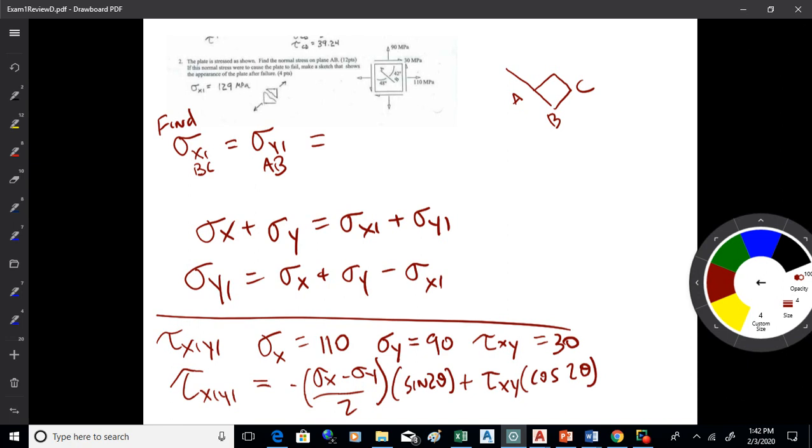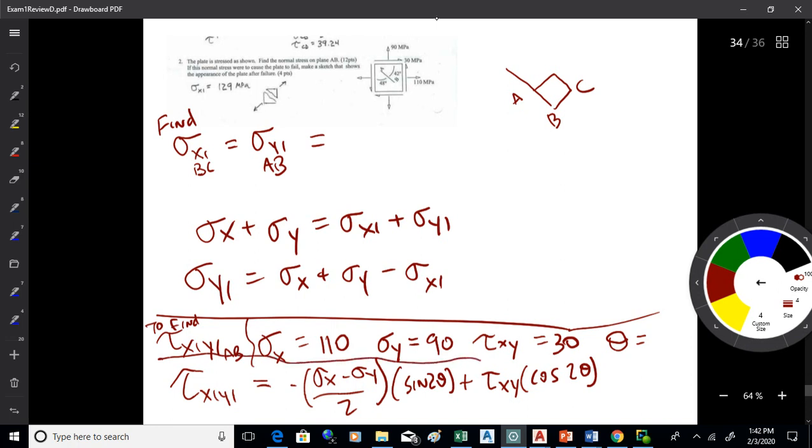Now, what's the angle you're going to put into that? Everyone just think about that on your own. What angle will you put into that formula to find the shear stress? To find tau x1y1 for AB, which angle do we want?